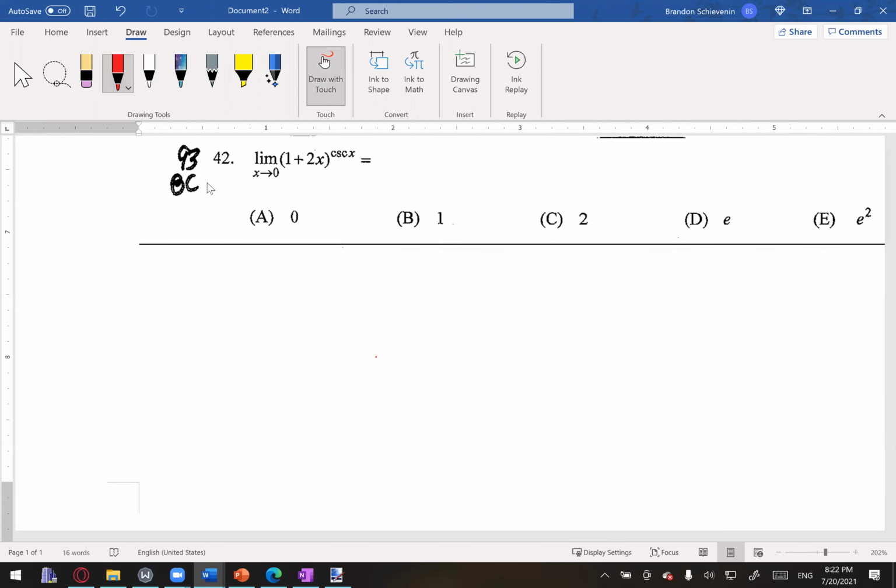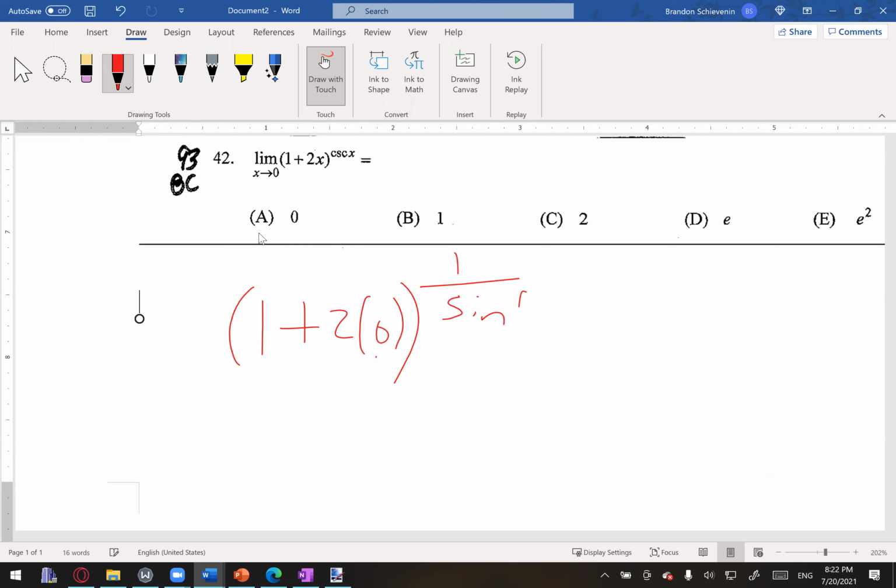It will be 1, right? Okay, so this is 1 plus 2 times 0 raised to the 1 over this sine at 0, right? Which is not very helpful.